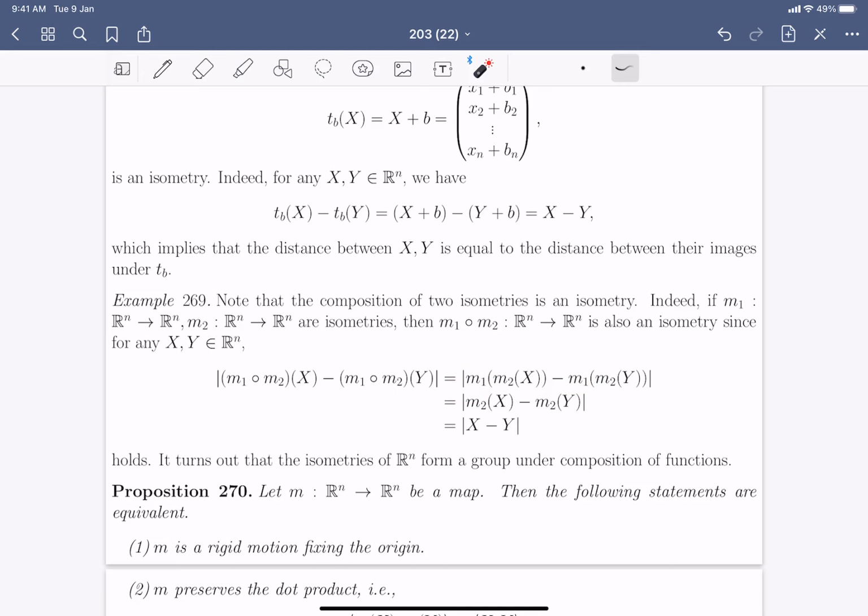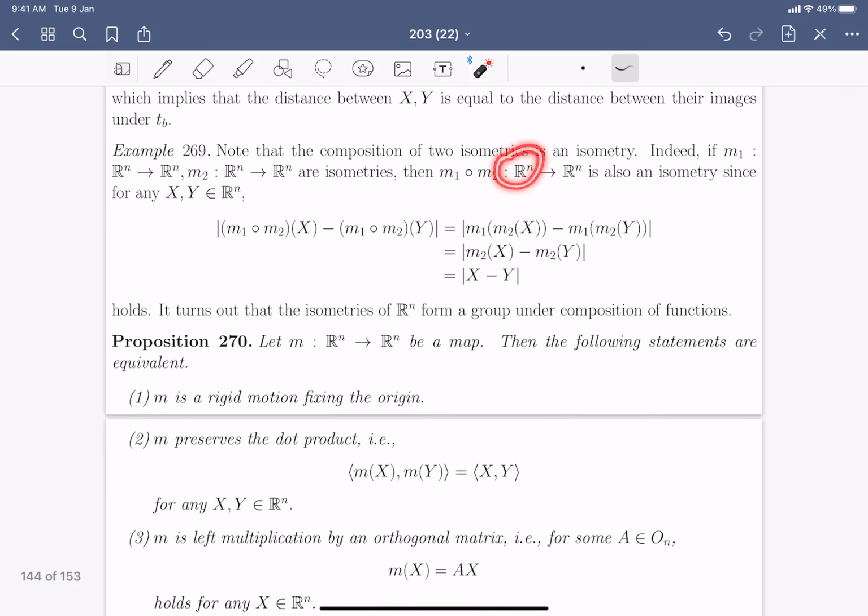Since m1 is distance preserving, this quantity coincides with the distance between m2x and m2y, and since m2 is distance preserving, it is equal to the distance between x and y. So it follows that the composition of two isometries is an isometry of Rn.